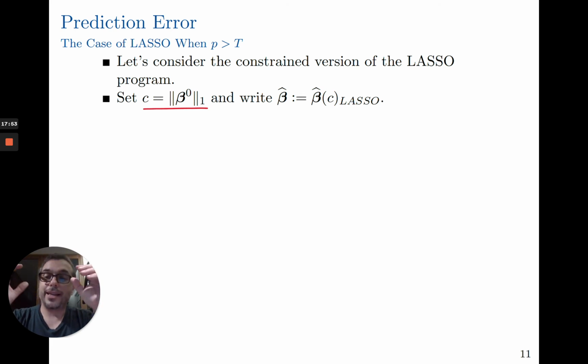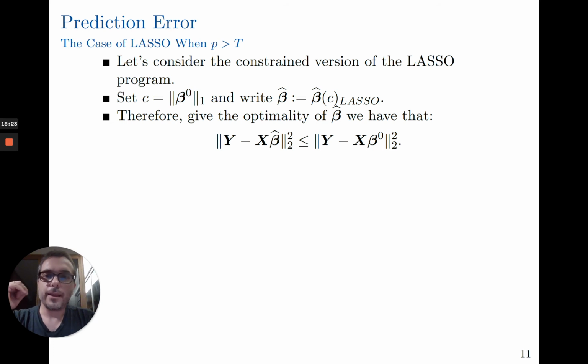That's exactly the correct amount of shrinkage, because we are assuming that we know the truth. Of course this is not feasible in practice, but I just want to show you, if we knew that, what can we say about the risk and the prediction error of the lasso estimator in high dimension, in true high-dimensional setups.